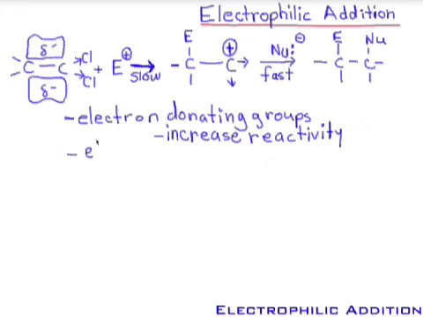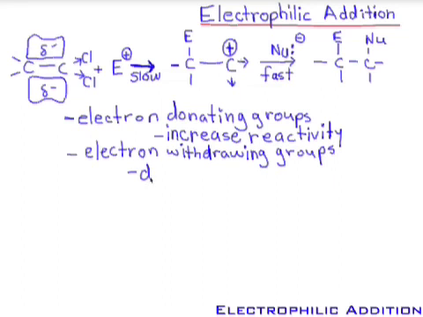So electron withdrawing groups, such as highly electronegative groups, will decrease reactivity. Okay, chlorine, which is extremely electronegative.